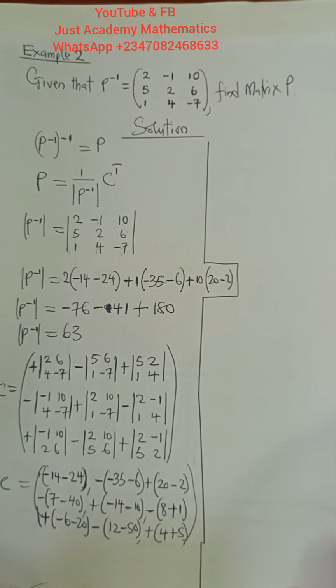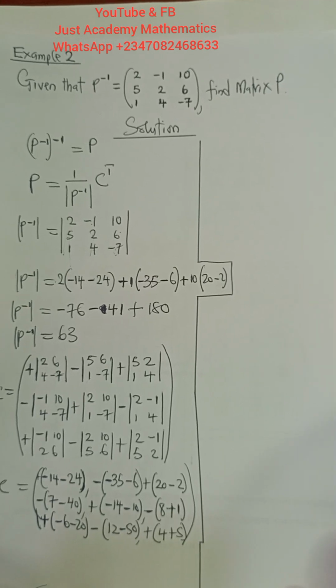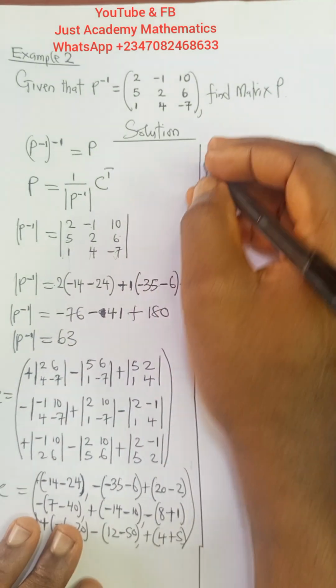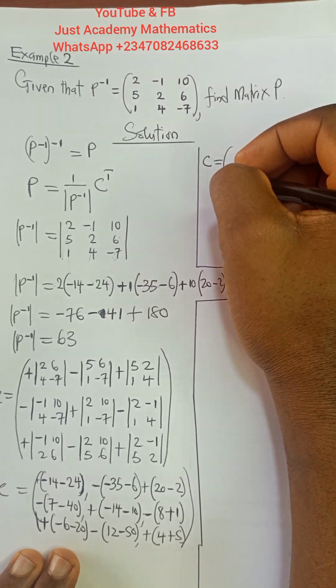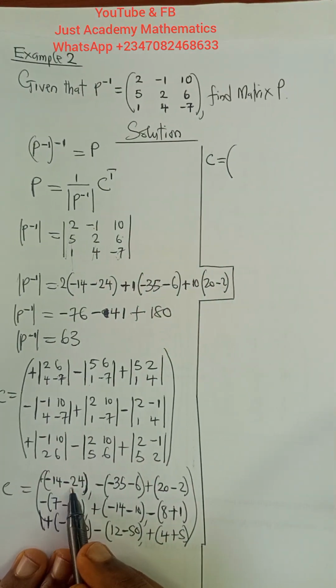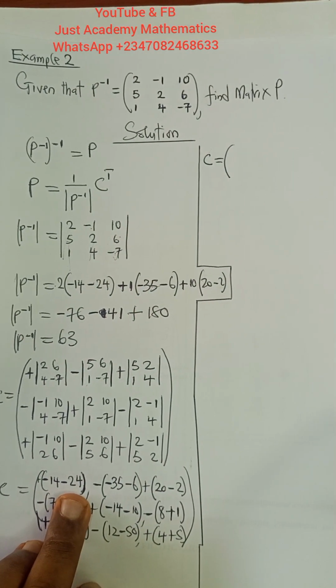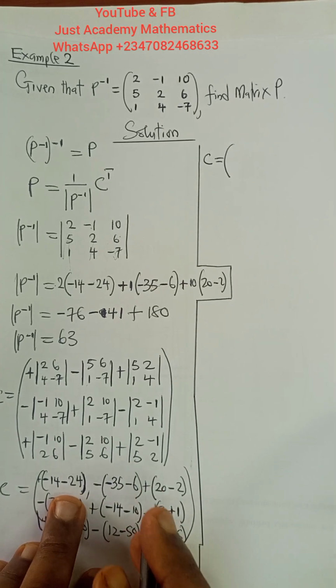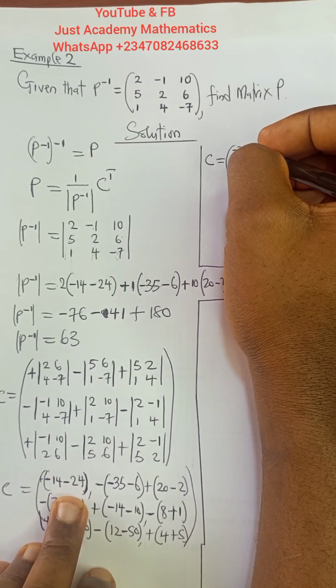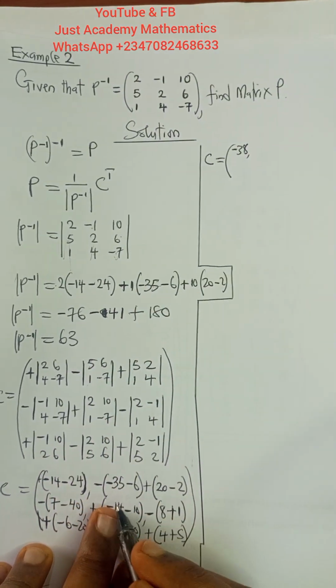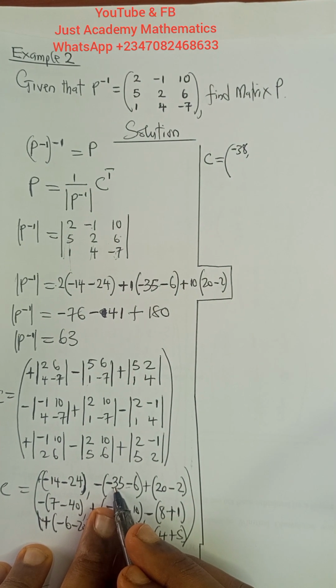I will try and squeeze it in here. So let's continue from here. Now look at this. So C is now actually what? Minus 14 minus 24 is minus 38. Negative 38, this is 41.